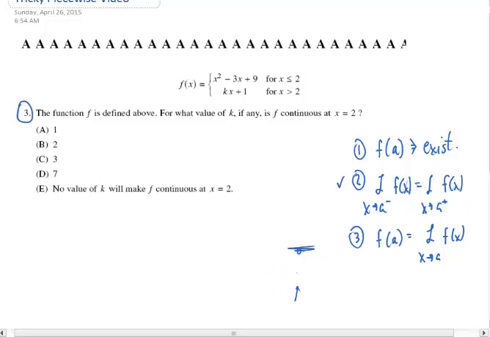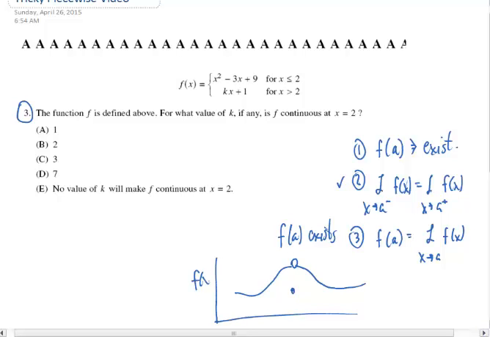Then you have the scenario where you find out the function value exists, but the function value may be at a different value altogether from what the limit's heading to.